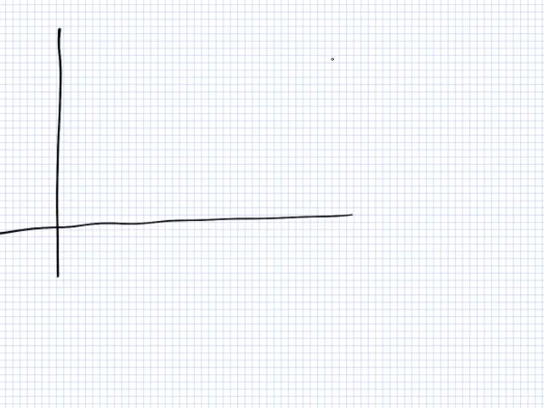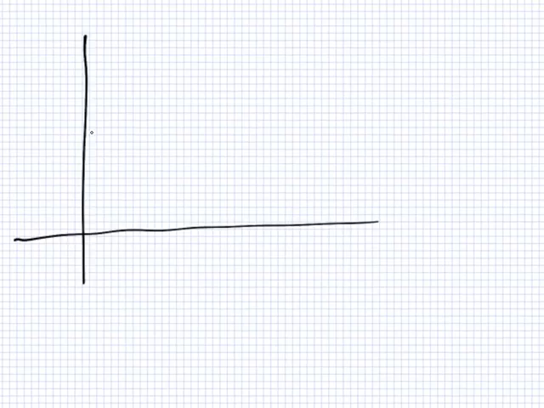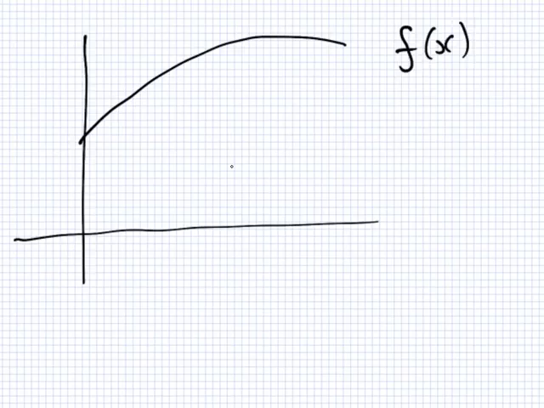Okay. So let's imagine, for example, we have some function, let's just call it f of x. And we want to figure out what exactly it means on the graph to calculate the integration.